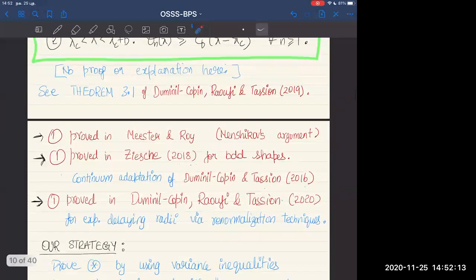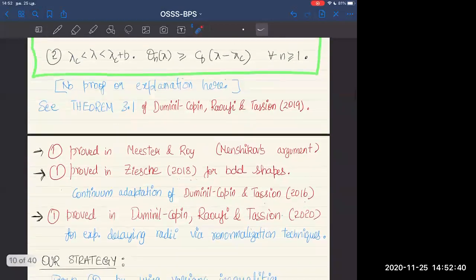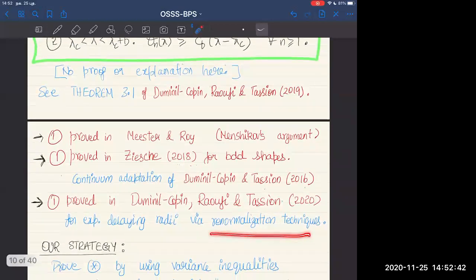Then Duminil-Copin, Raoufi, and Tassion came up with an even simpler proof. The idea, I would say, not the proof, was slightly different. They proved it even when the radii are not bounded but decay exponentially, that is, my radii distribution Q has unbounded support but with exponential tail decay. They showed exponential decay using renormalization arguments.